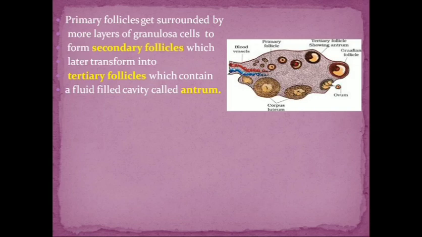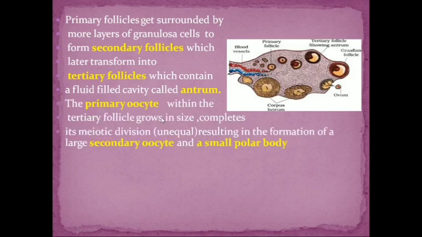So the theca externa and theca interna are formed by granulosa cells. Hope it's clear, right? The cavity developed within the tertiary follicle is called the antrum. So what is the antrum? It is nothing but the cavity formed within the tertiary follicle. Hope it's clear. So a primary follicle slowly transforms into a tertiary follicle.